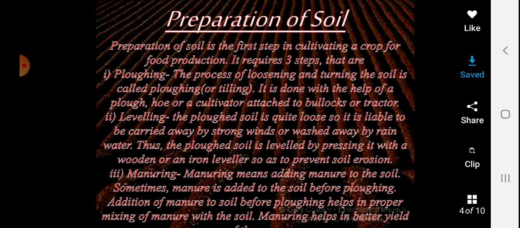Plowing, the process of loosening and turning soil, is called plowing or tilling. It is done with the help of a plow, hoe or cultivator attached to the bullock. As we have discussed in the first and second parts, you already know how the cultivator looks.